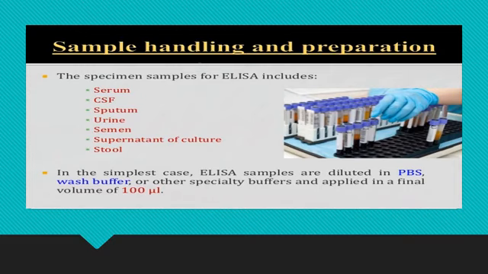In the simplest case, ELISA samples are diluted in PBS, phosphate buffered saline, or in wash buffer, or in coating buffer, which is sodium bicarbonate. These are applied in a final volume of 100 microliters. As we mentioned, for the dilution of the sample we can use 1 to 10 micrograms per ml, with a final volume of 100 microliters added to the wells.